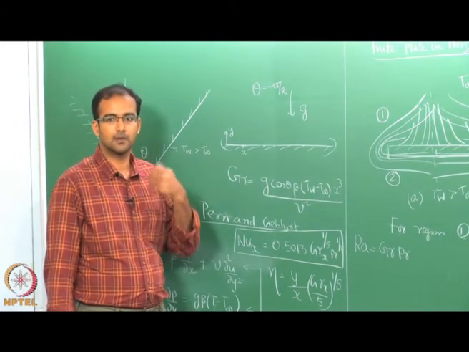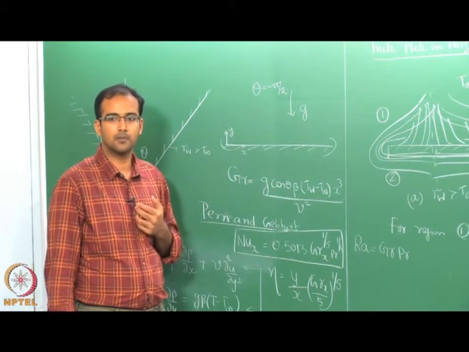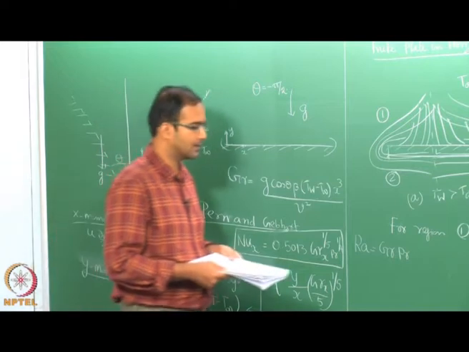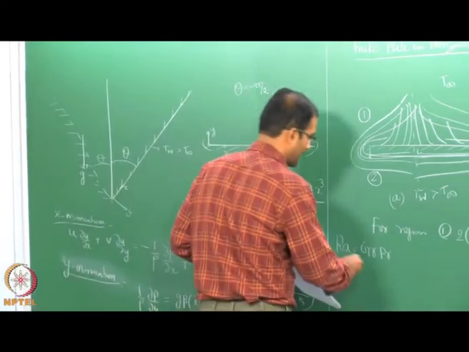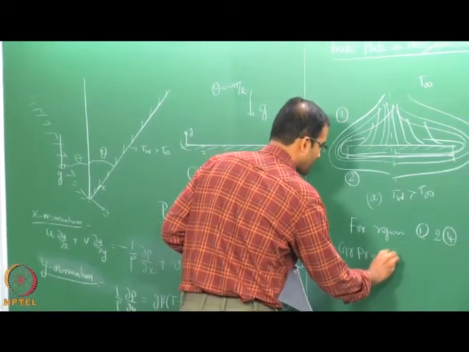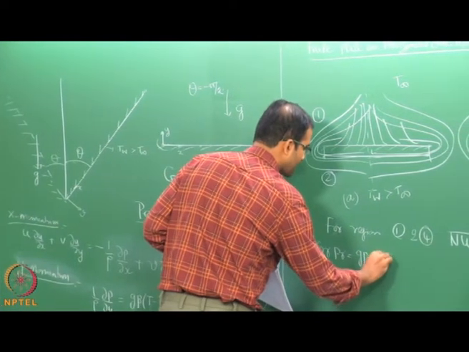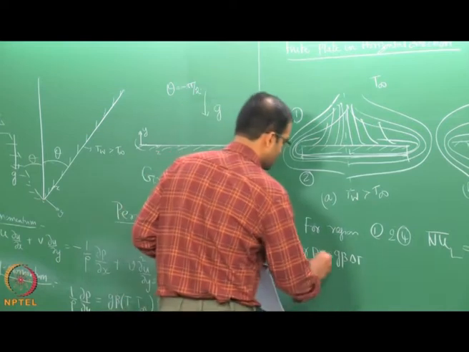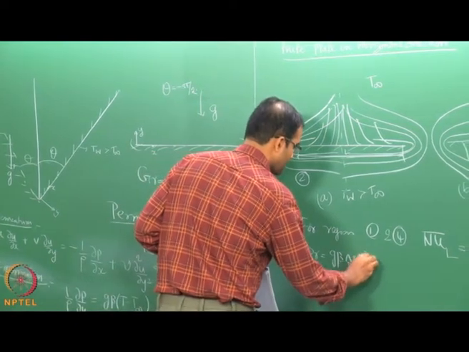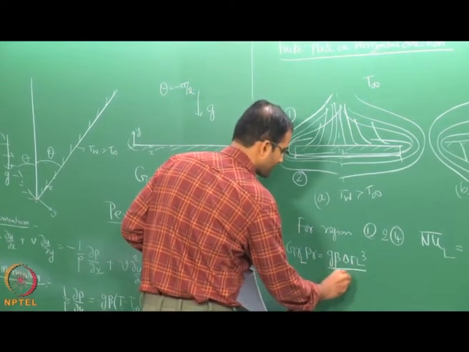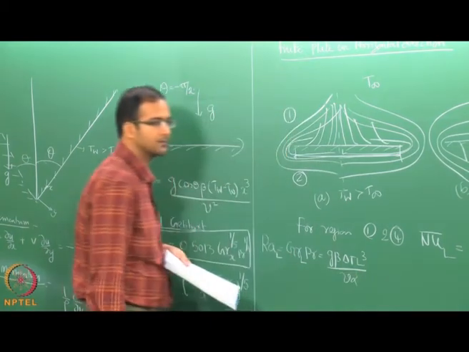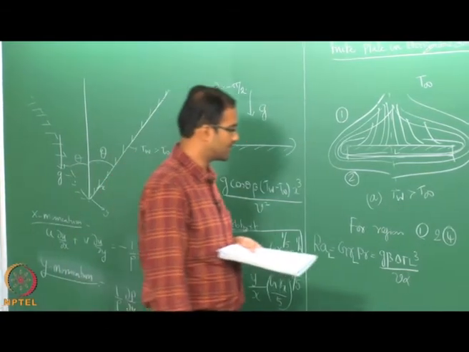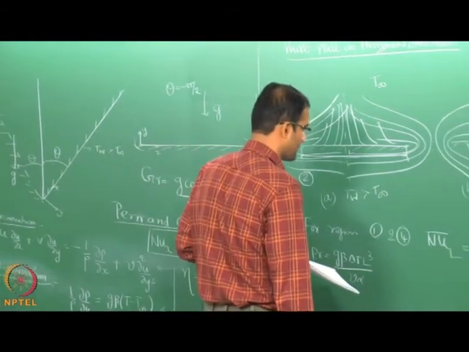Okay, both Grashof number and Prandtl number raised to the power 1 by 4. So, in that case they can be grouped and you can have one single non-dimensional number called the Rayleigh number. So, this will be nothing but g beta delta T, and if you define this based on the plate length, this will be L cube by nu into alpha, right. That is the product of Grashof and Prandtl number.